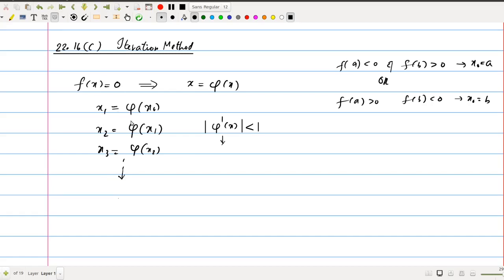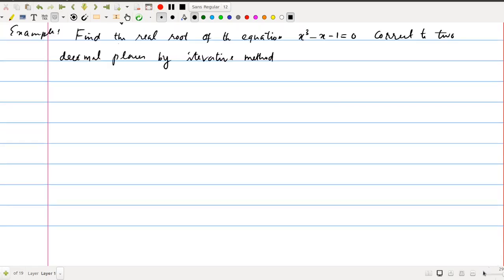Now we can discuss an example for this method. This is the example for the iterative method or iteration method. First of all, you need to find two consecutive integers. If we start with 1, f of 1 is 1 minus 1 minus 1, which is equal to minus 1, that is negative.